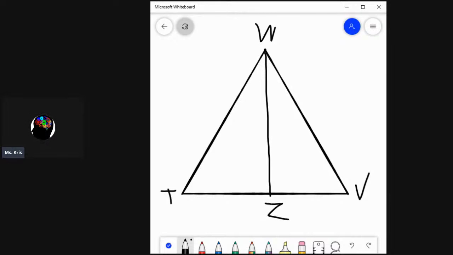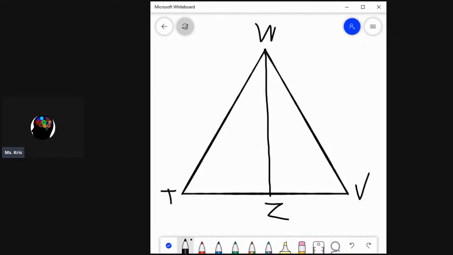WZ bisects this triangle, we can prove that TZ is congruent to VZ.